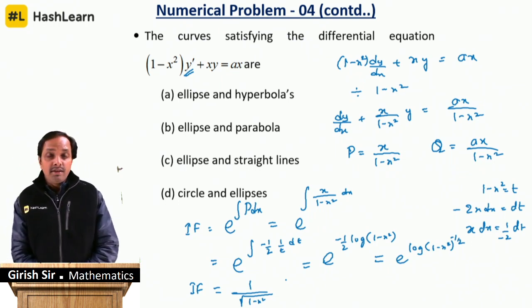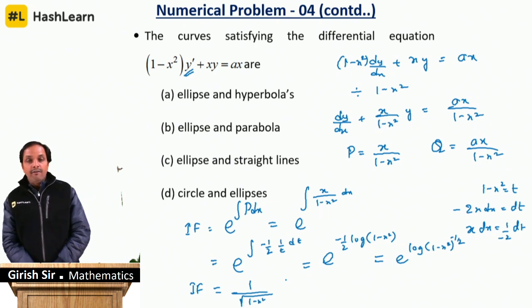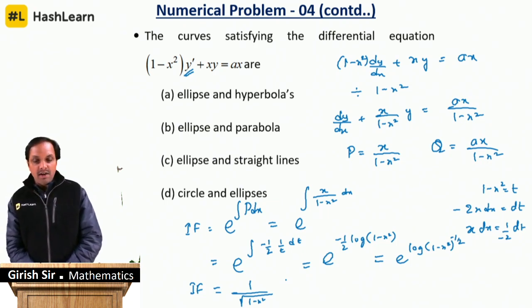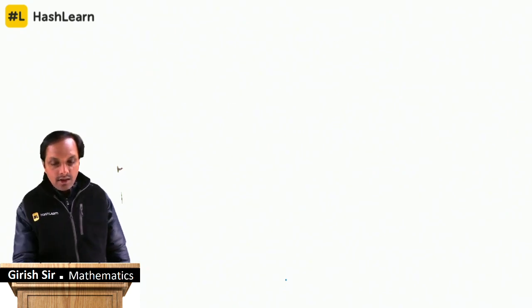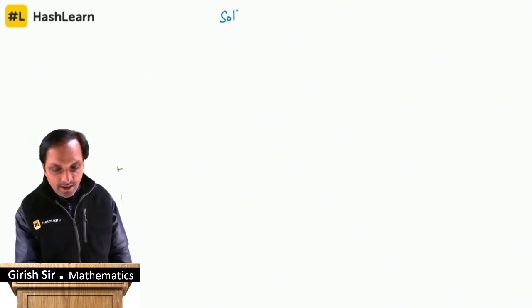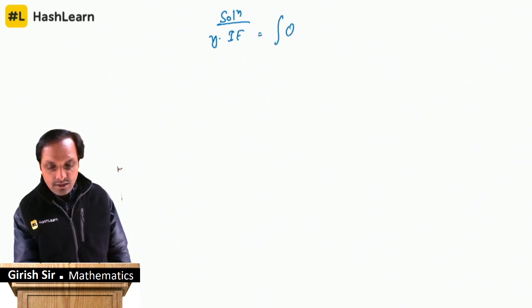So this is the first step of this problem, where you need to find the integrating factor. Once you find it, you need to use the solution. The solution is given by y into integrating factor is equal to integral of q into integrating factor into dx.